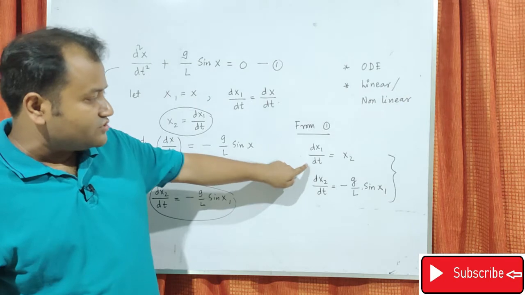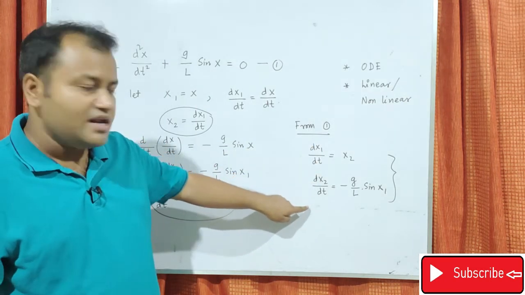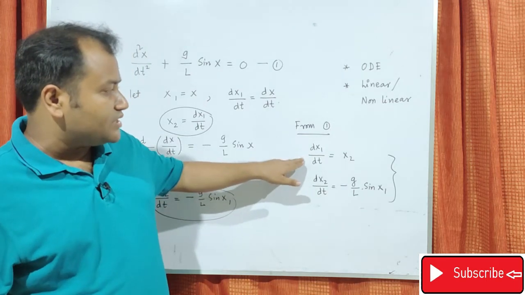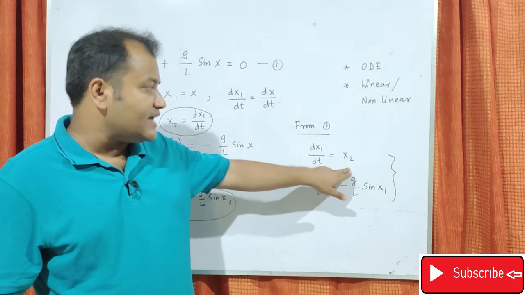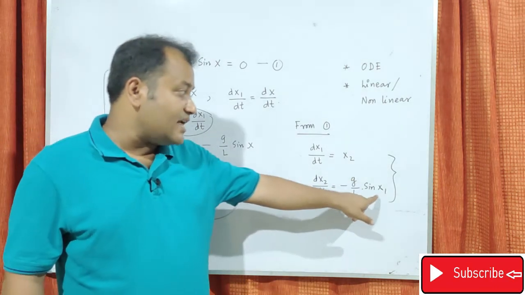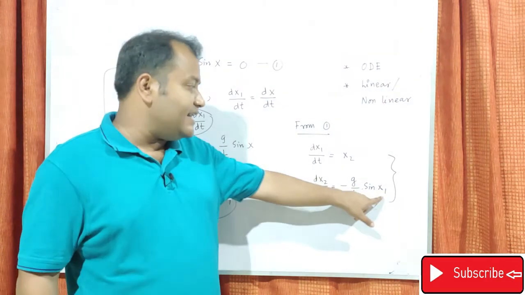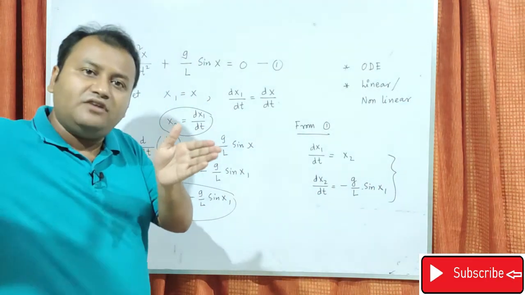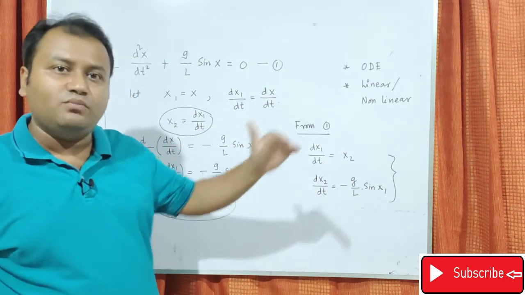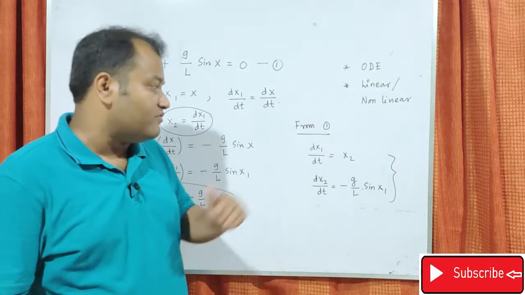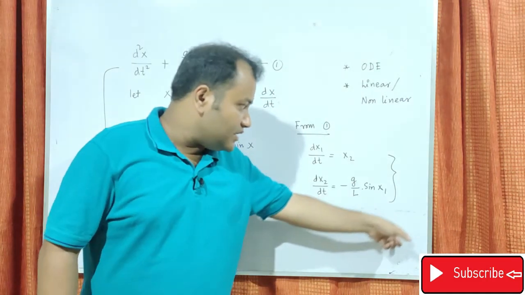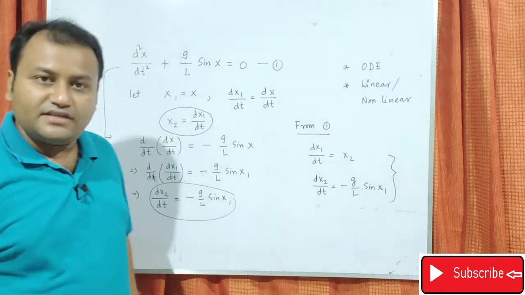Now look into this system of equations. The first equation is a first order and first degree equation, there is no doubt about that. The right hand side of the first equation is a linear part. In the second one, the right hand side is nonlinear, because sin x1 has an infinite series expansion, like x1 minus x1 cubed by 3 factorial plus x1 to the power 5 by 5 factorial, and so on. So we have nonlinear terms in the right hand side.